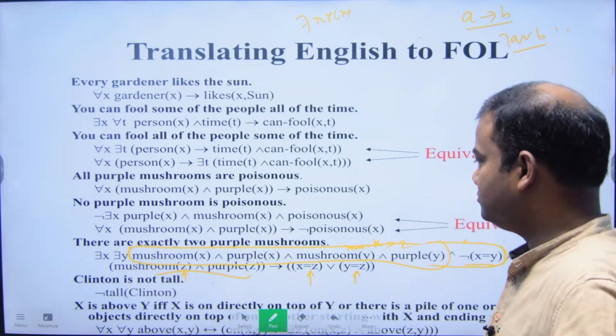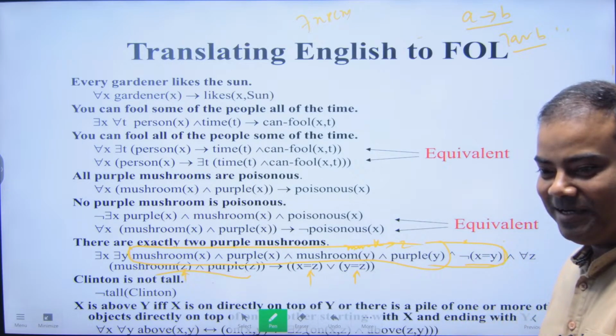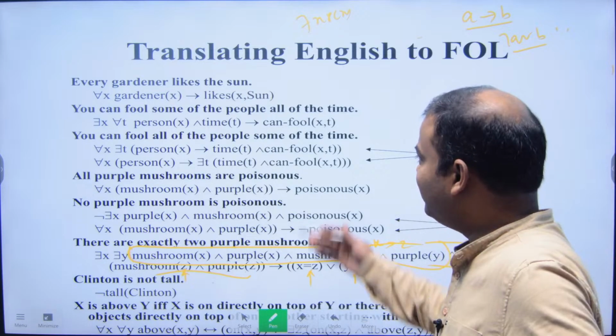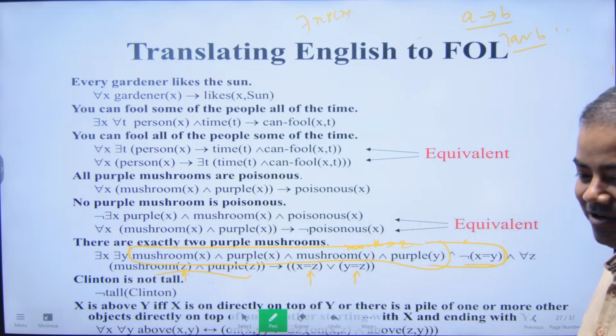Write a shorter predicate name, it will save time. Actually in the presentation I have written the full name, but it is better to write a short name.